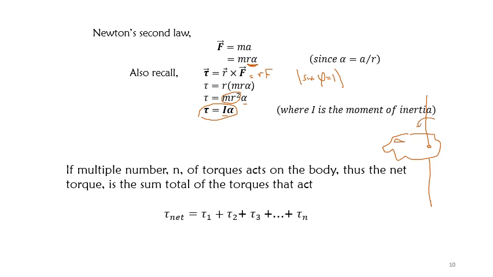But we have different distributions of different masses. From the distance from the axis of rotation, R, you can know this F can act, and that R, this can act, and that R, this can act. So you obtain the torque at each of the torques acting on the body. Then you sum up to obtain the total torque.